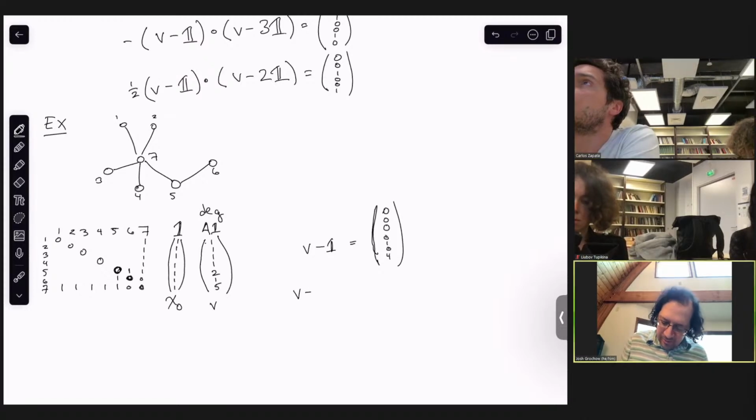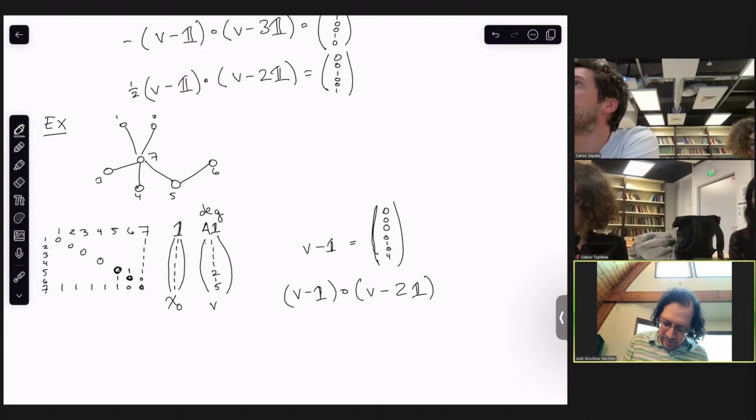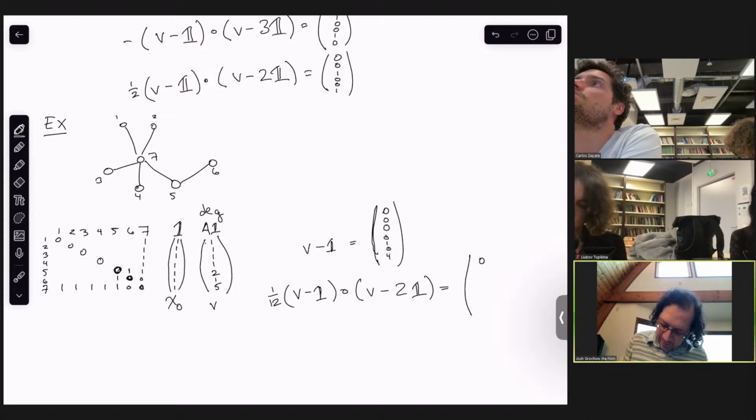They come from somewhere. So I can take V Hadamard V minus 2 times the all ones vector, and when I plug in 5, that should give me 4 times 3 is 12. So 1/12 of this is the indicator vector of vertices of degree 5.